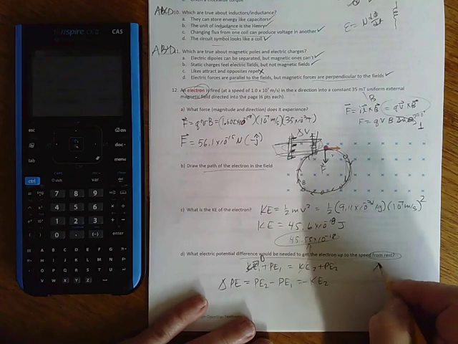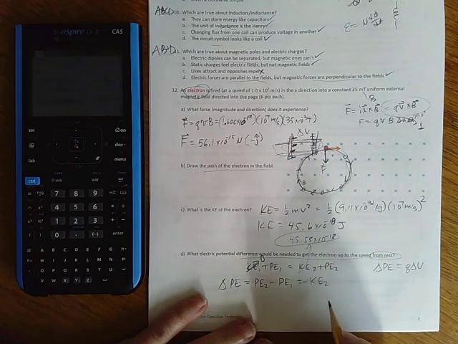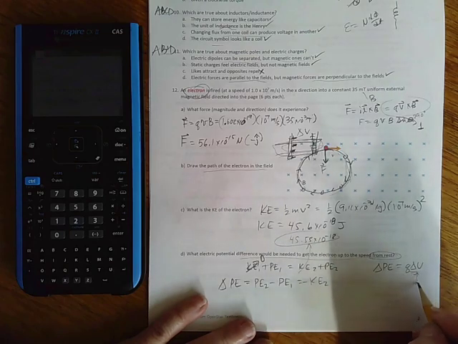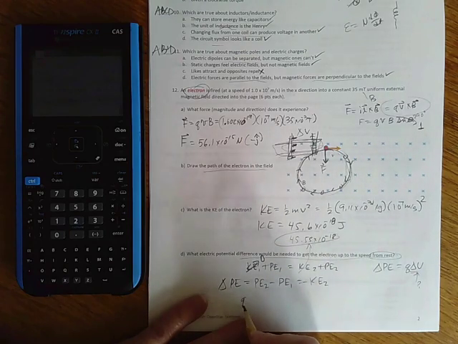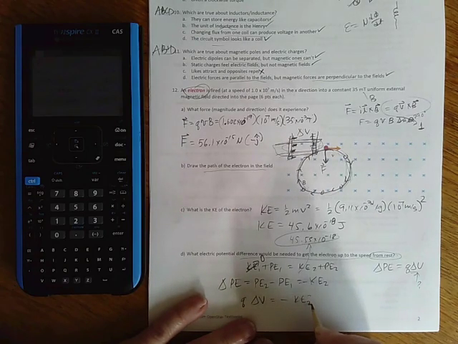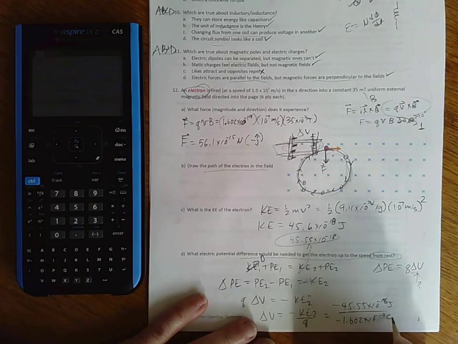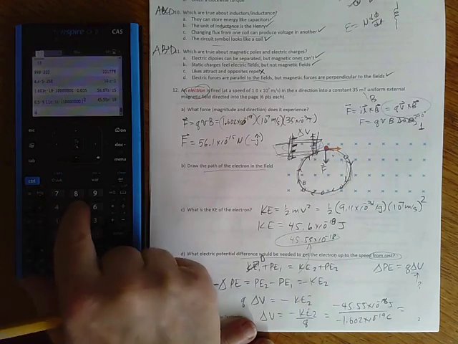And we have from last time, delta PE is Q delta V. We're asked for delta V. So Q delta V equals negative KE2, or delta V equals negative KE2 over Q, which is negative 45.55 times 10 to the negative 18 joules divided by Q of the electron, negative 1.602 times 10 to the negative 19 coulombs. Let me plug all that in.